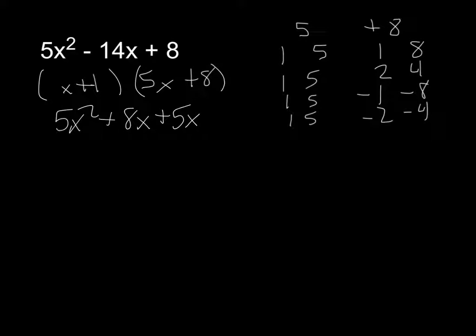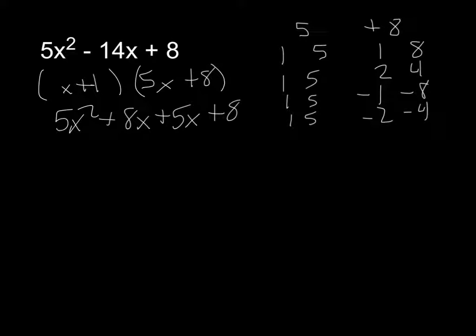And the last is going to give me a positive 8. Now, if I've done this correctly, I shouldn't even have to worry. This and this should definitely work out to be 5x squared and 8, because this is always going to be the product of these two.